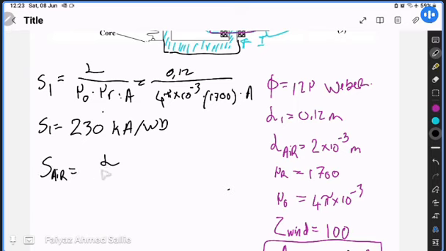So it's going to be the length over the permeability of A, and then that's going to be cancelled because there is no material between that spacing, and then it's going to be the area again.